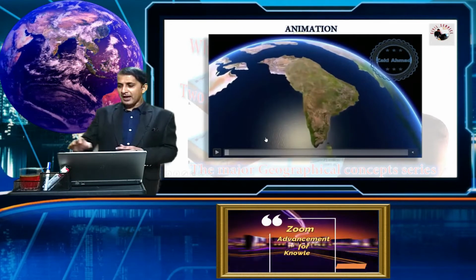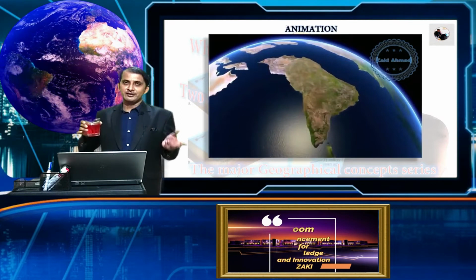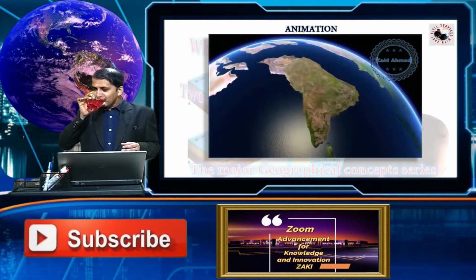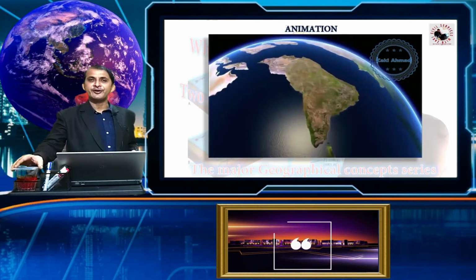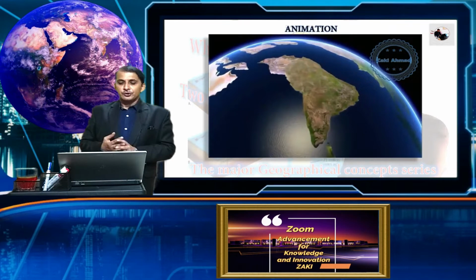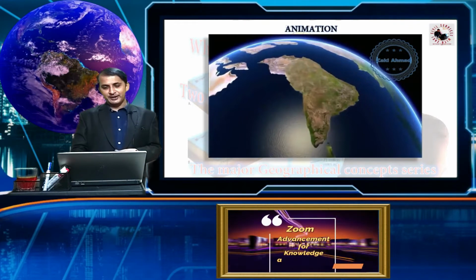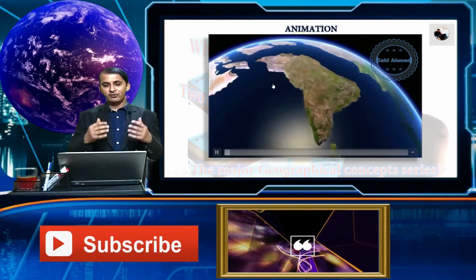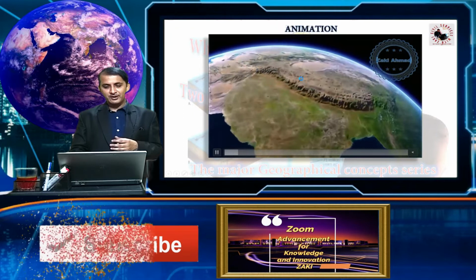All the continents were joined together about 250 million years ago, as Wegener proposed in the continental drift theory. Then India collided with Eurasia and formed the Himalayan range.